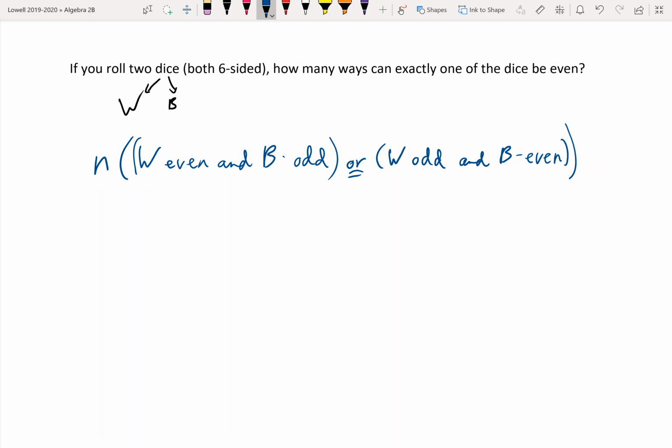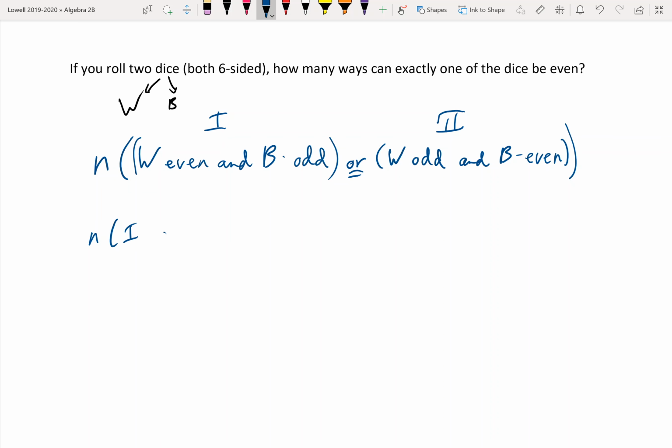And so this is getting a little bit into some of the properties of this probability thing, because you see here that there are parentheses within parentheses. So if I was doing this, I would do the number of ways. I'm going to shortcut this, call this event number 1 and event number 2.